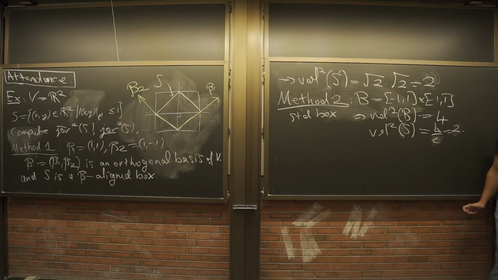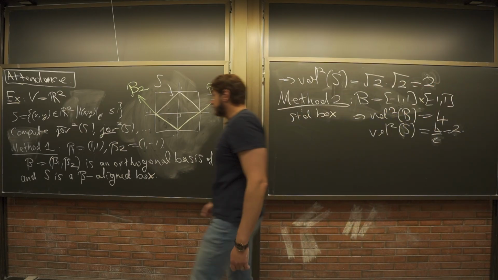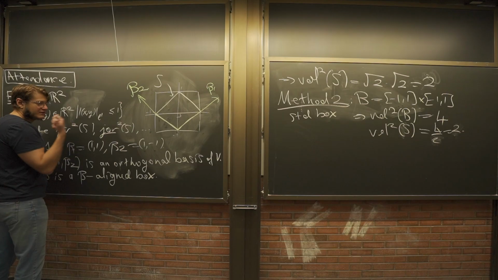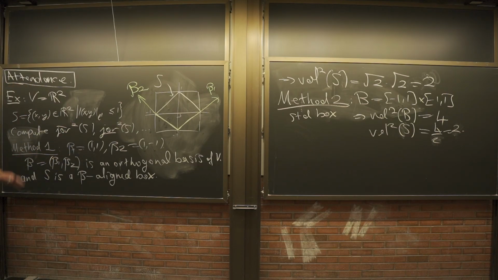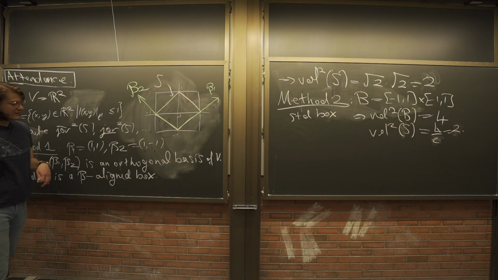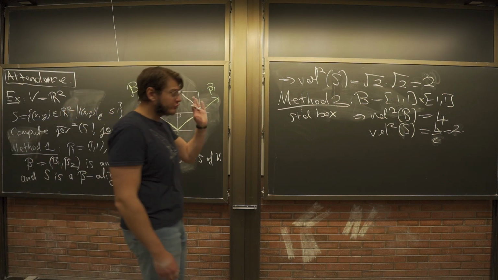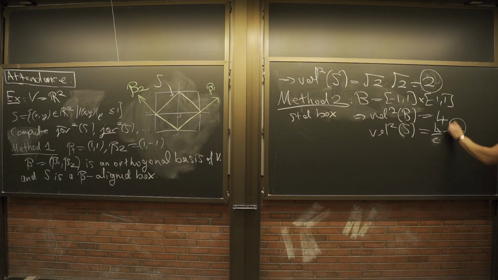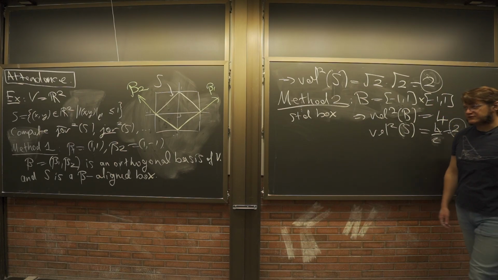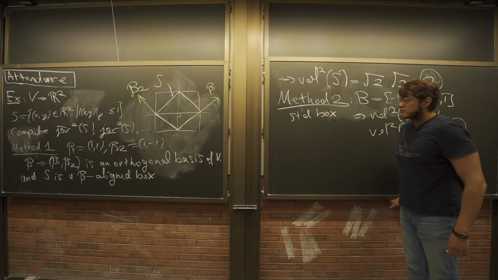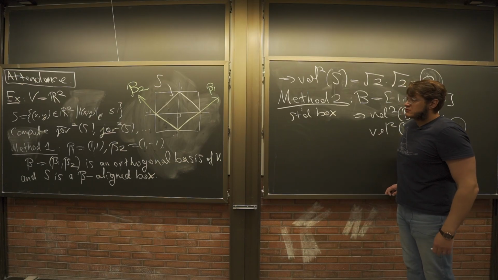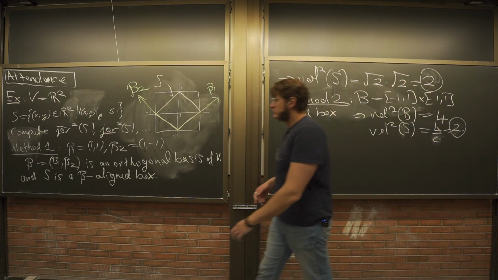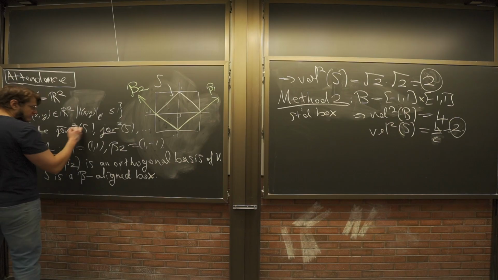Now, really, the main problem is these Jordan content businesses. OK, I just wrote these two methods to give you an idea as to what we should be expecting. So 2 seems to be the candidate number for the Jordan measure of this. OK. So now let's try to compute really this and this.